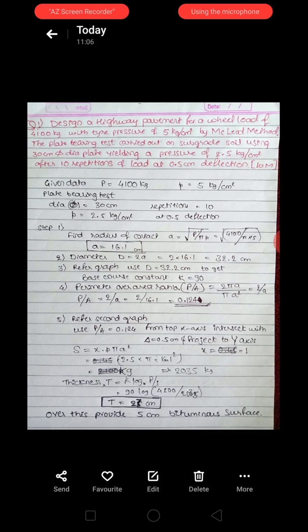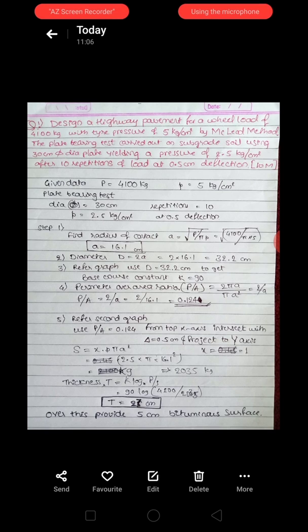So you can calculate S as 2035 kg. You can apply directly the formula T is equal to K log P by S. So we are getting total thickness of base course as 27 centimeters, over which we need to provide 5 centimeter bituminous surface.